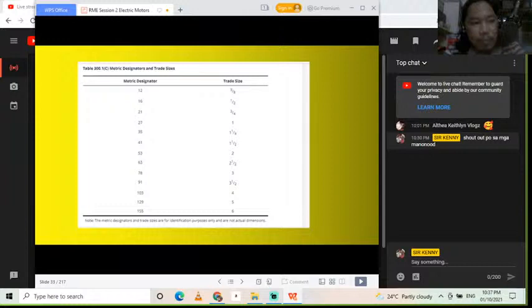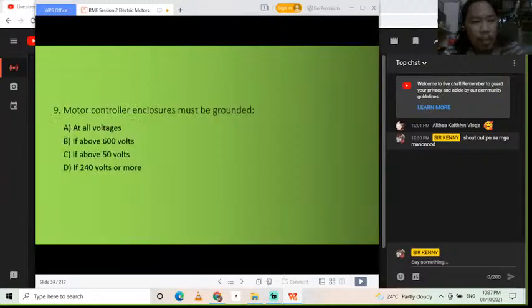Number 9. Motor controller enclosures must be grounded. A. At all voltages. B. If above 600 volts. C. If above 50 volts. Or D. If 240 volts or more. Yan.